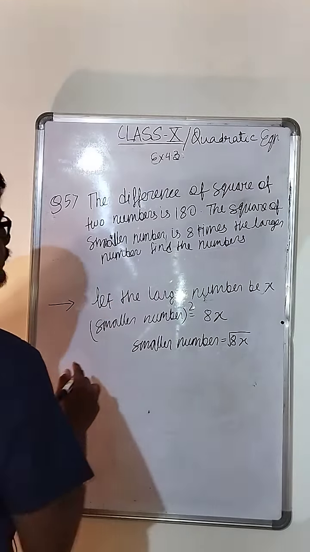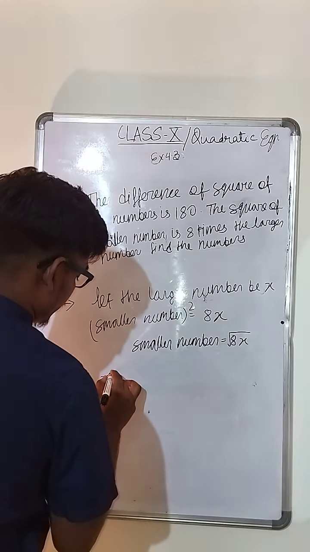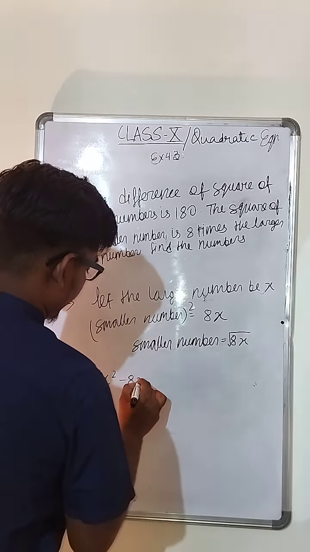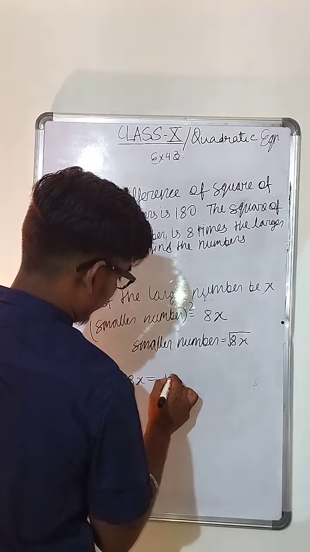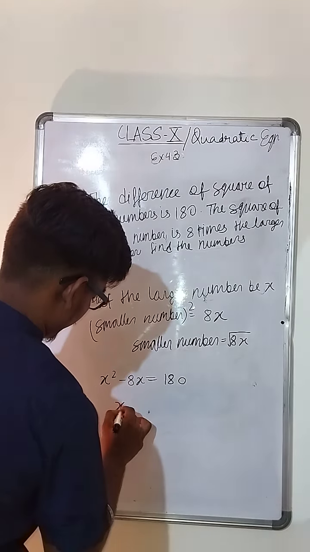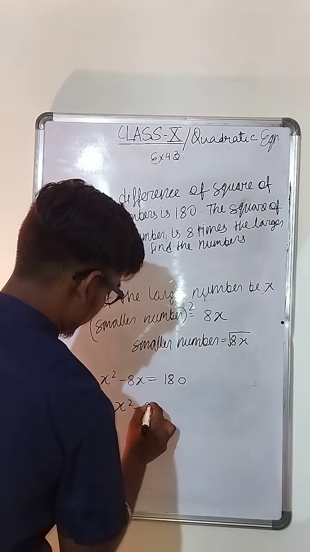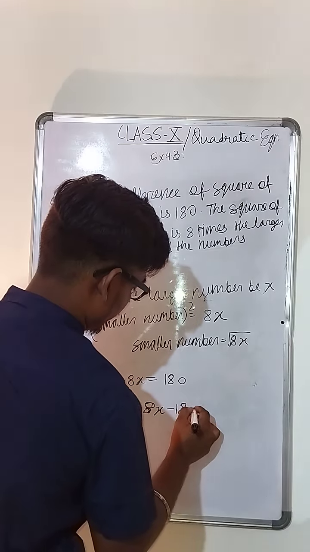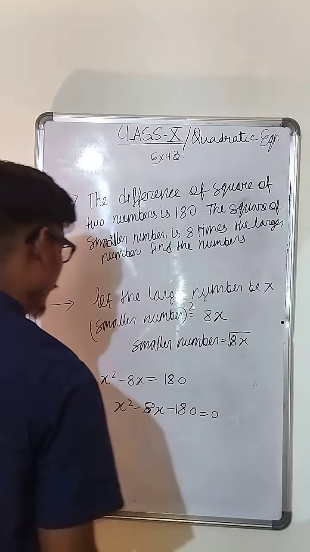Now according to the question, the difference of the squares of the numbers is 180, so x square minus 8x equal to 180. So x square minus 8x minus 180 equal to 0.